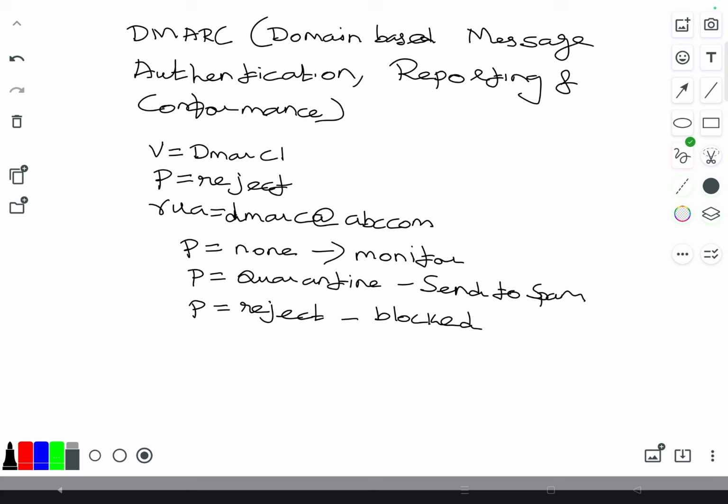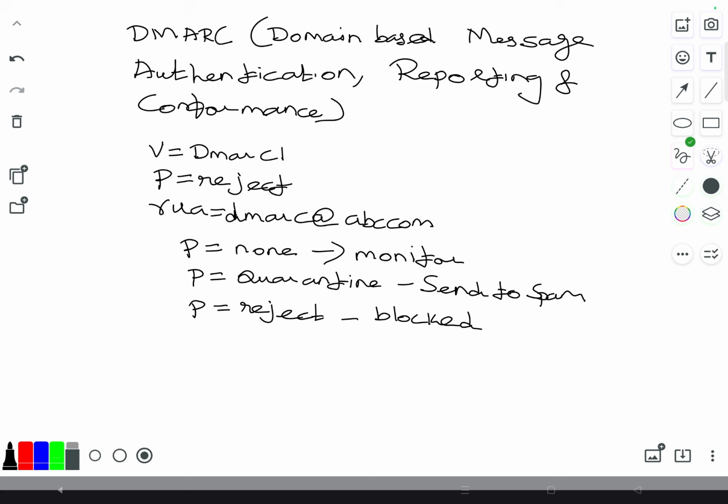DMARC is like a corporate security policy and incident reporting system combined. Imagine you have a CISO in your company who wants to define a strict security policy for email deliverables. If the email is not coming from an approved email domain, for example SPF, or if the email does not have a proper DKIM signature, then you need to take one of these actions.